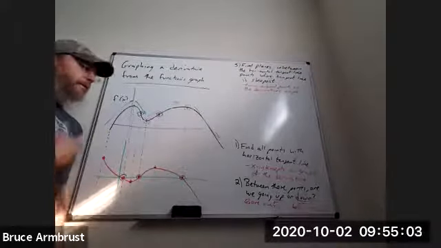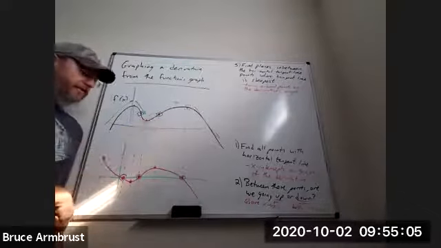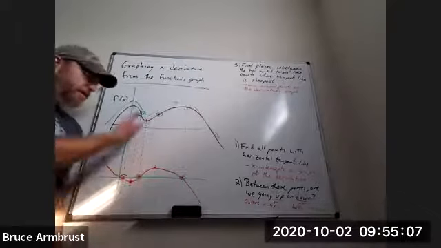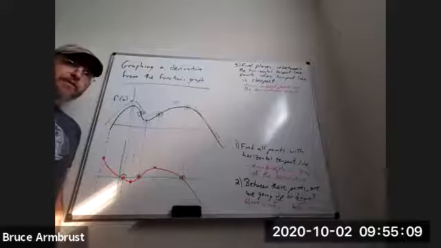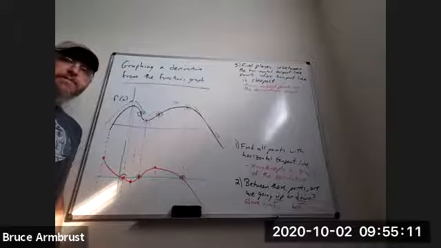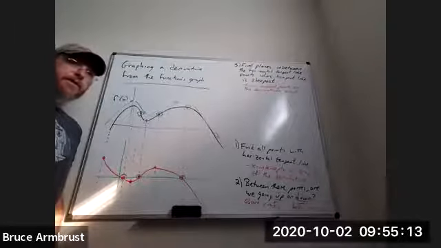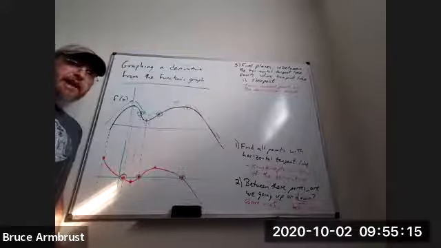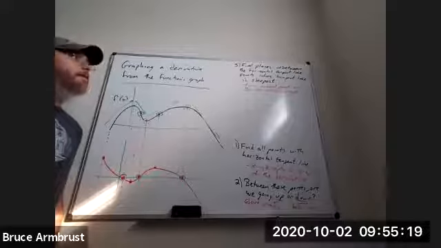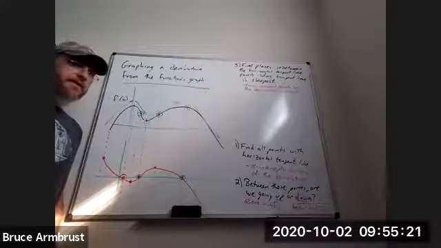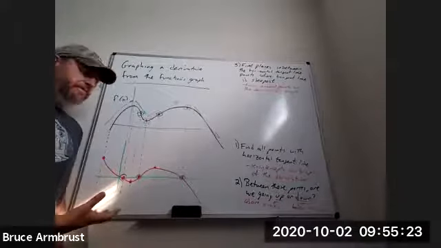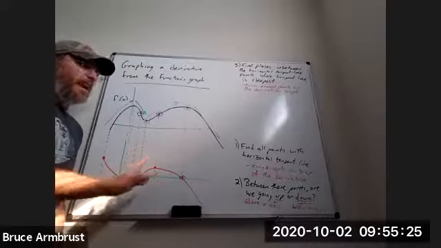But notice that I don't need to have an equation for the function to have an idea of what the derivative actually looks like. And that's the power here, that we're not restricted to having an equation. All right, so there's the derivative, at least graphically what's going on.